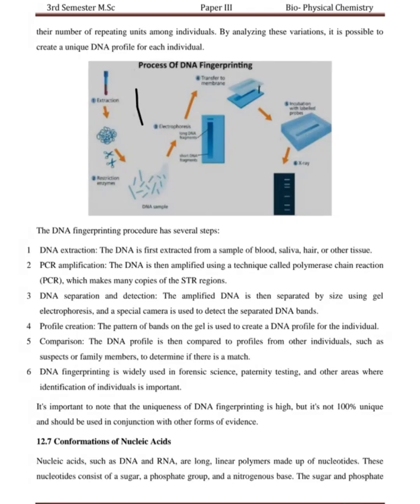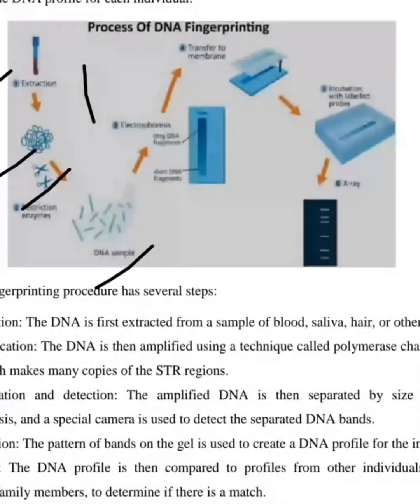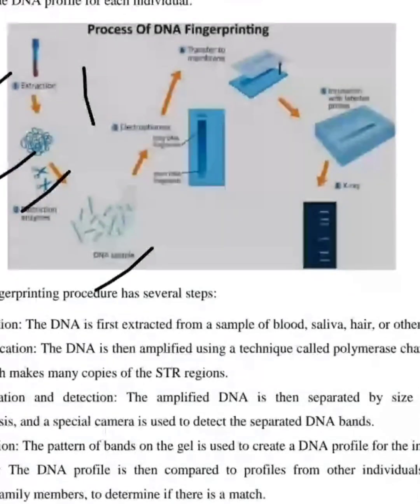See here how each step of the process takes place: extraction, sequencing, separation, and DNA sampling. Further, gel electrophoresis, where long DNA fragments and short DNA fragments can be separated.